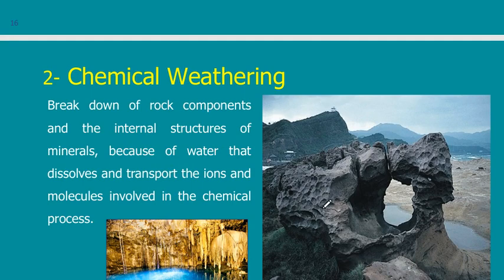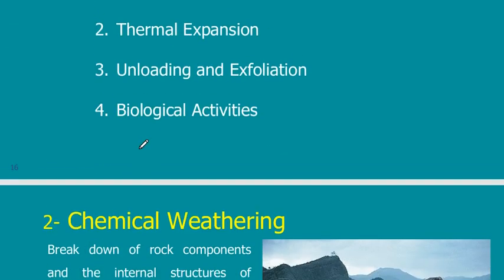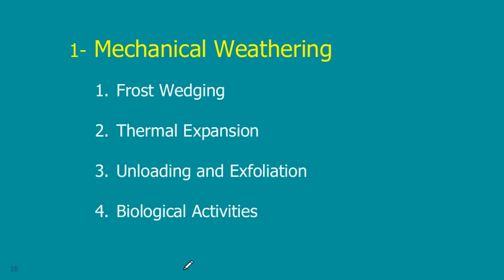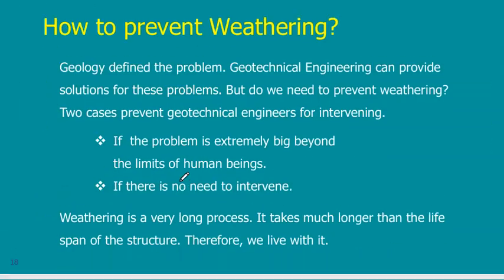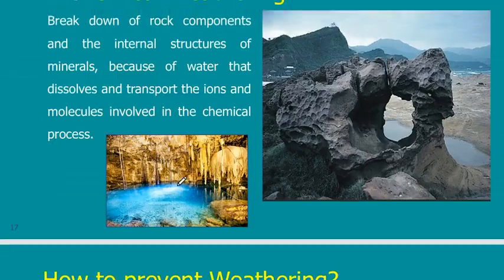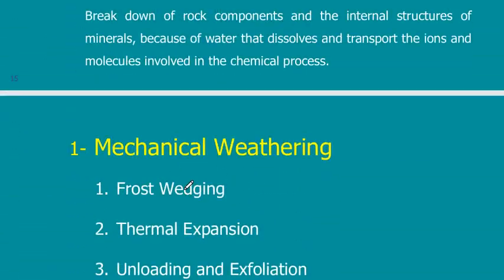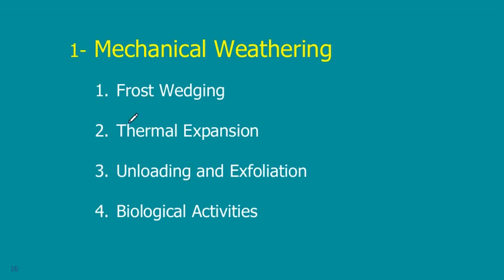In chemical weathering, if you look at the shape of the rock, you see that this rock is weathered, but pieces of the rock were removed, or sometimes pieces of the rock are removed and added at another location. Here, these three types, I think they are not included in this lecture. You have to check it in the original lectures.